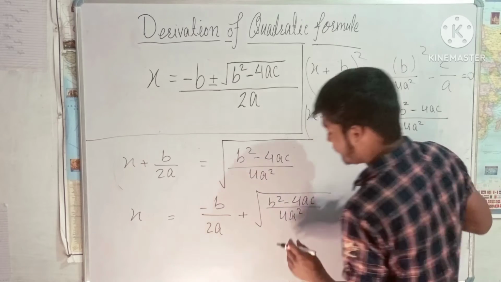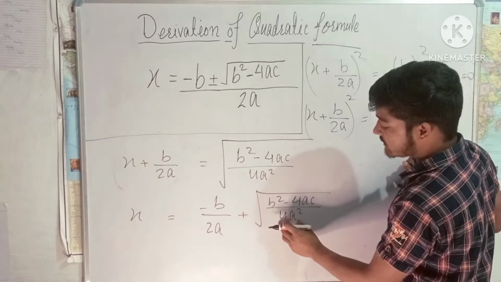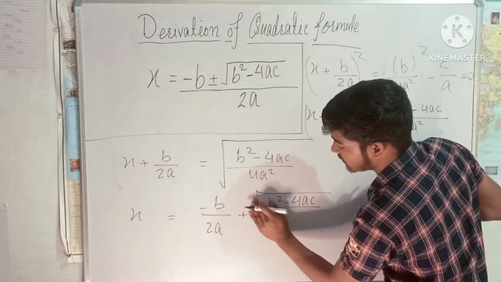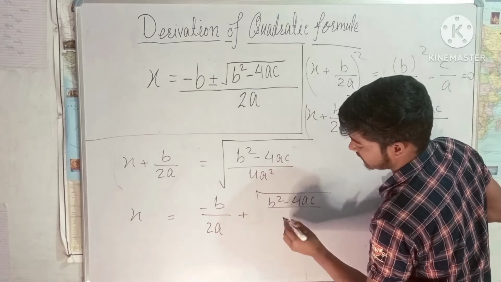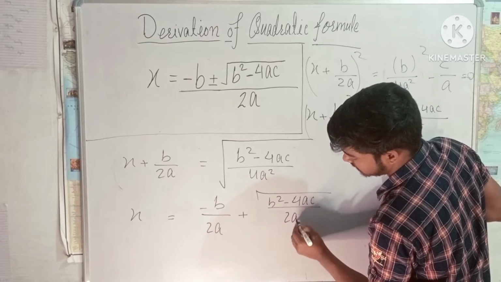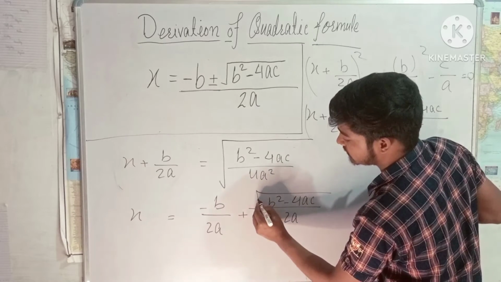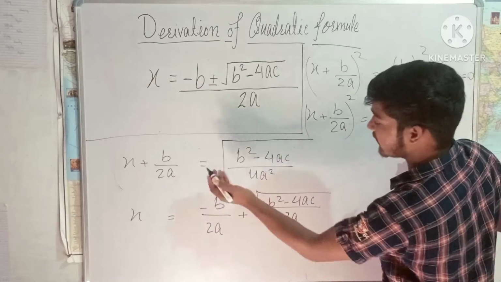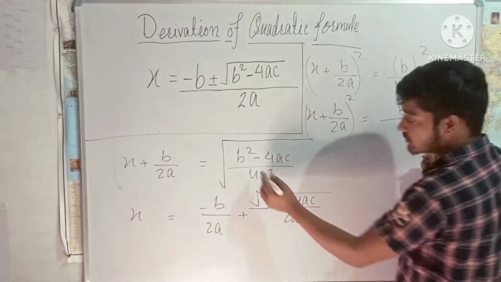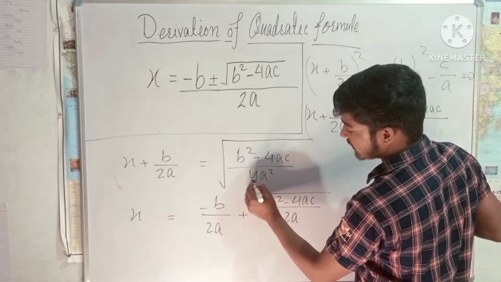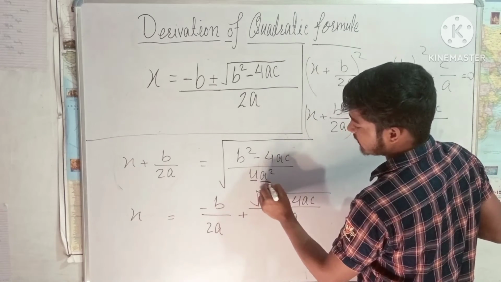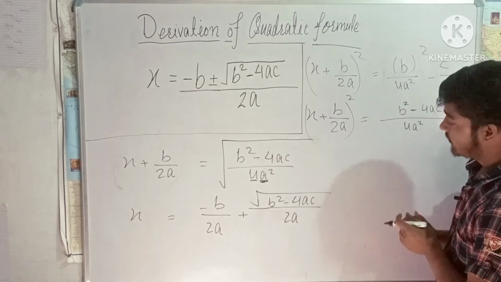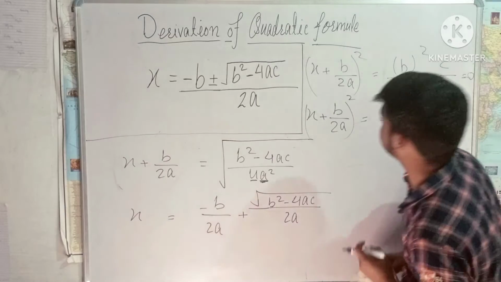If we take this out of the root, it will be 2a. After taking out from under the root, it will be the square root of 4 is 2, and the square root of a square is a.